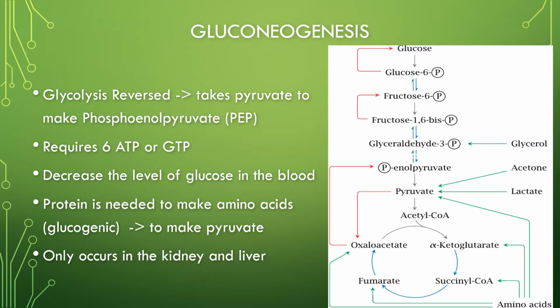So once it's there, it's going to require that 6 ATP are used, and then glycerol is made by glyceraldehyde. The reason for gluconeogenesis is to regulate the level of glucose in the blood.